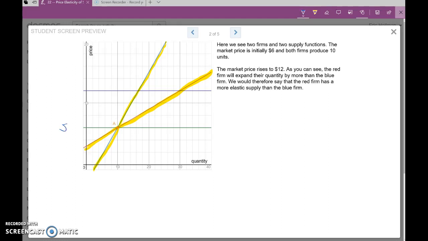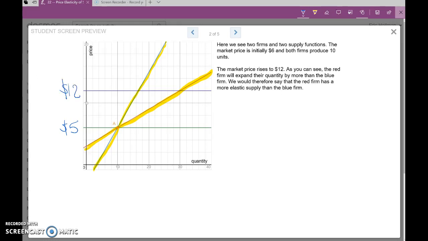The market price is originally $5, and at $5, both firms are willing to supply 10 units. That's where at 10 units for both firms, the price of $5 equals their marginal cost. And then for some reason, the price out in the market goes up to $12.